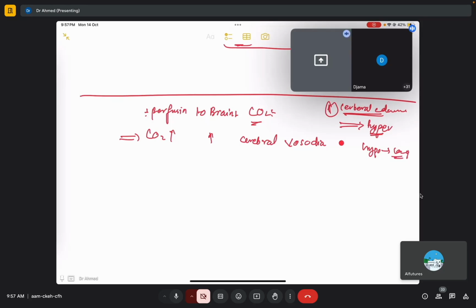If I have more carbon dioxide, what will happen to cerebral vasodilation, as we have already said? It increases, and that worsens the edema. So we need hyperventilation in order to blow out more carbon dioxide, and as a result we will see cerebral vasoconstriction, which would help us with this cerebral edema, right?